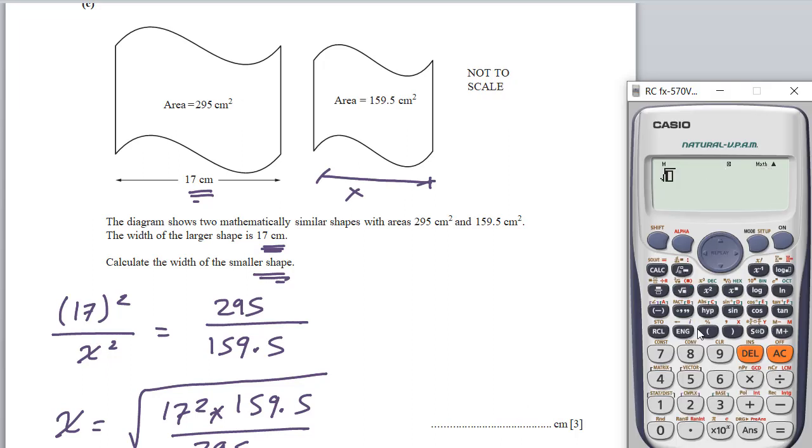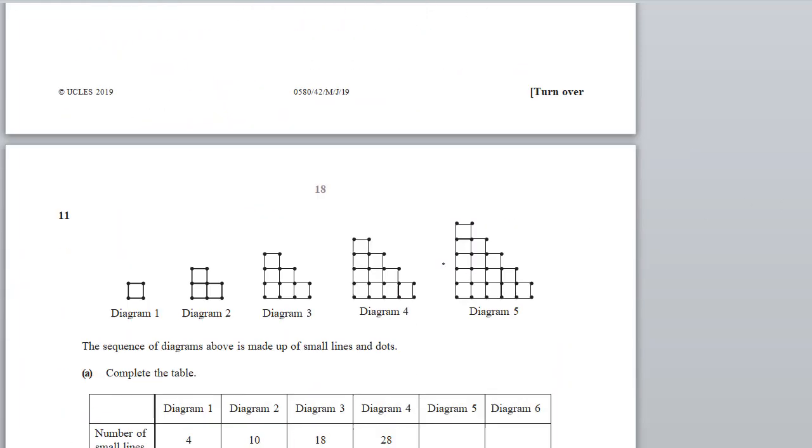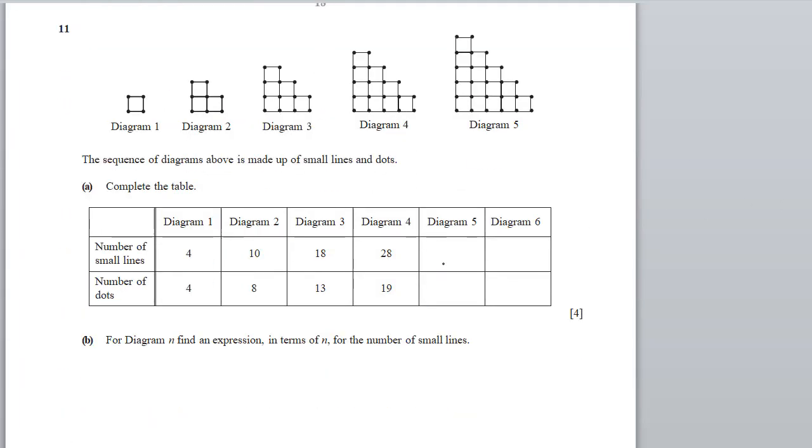So the square root of 17 squared multiplied by 159.5 divided by 295 is 12.5. So this width is 12.5 centimeters. Okay, let us go ahead to another question.